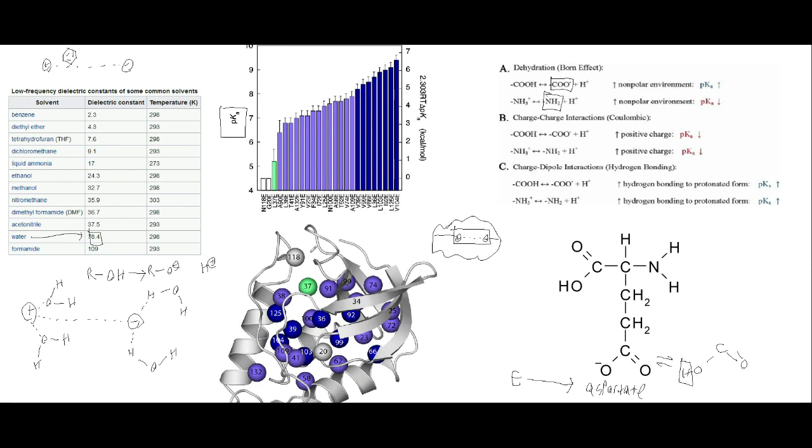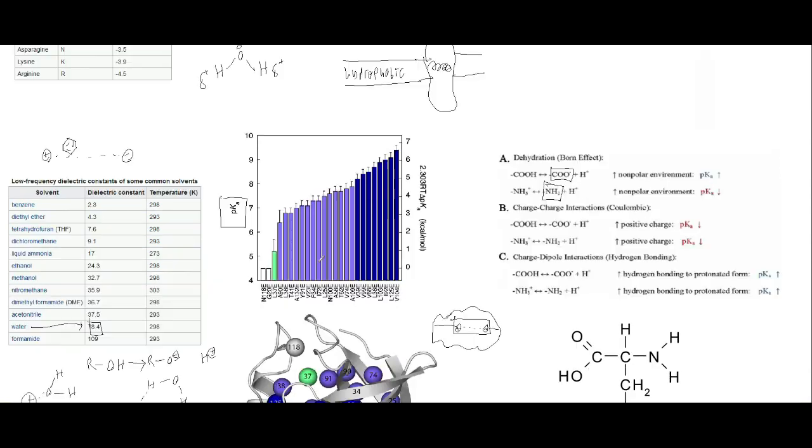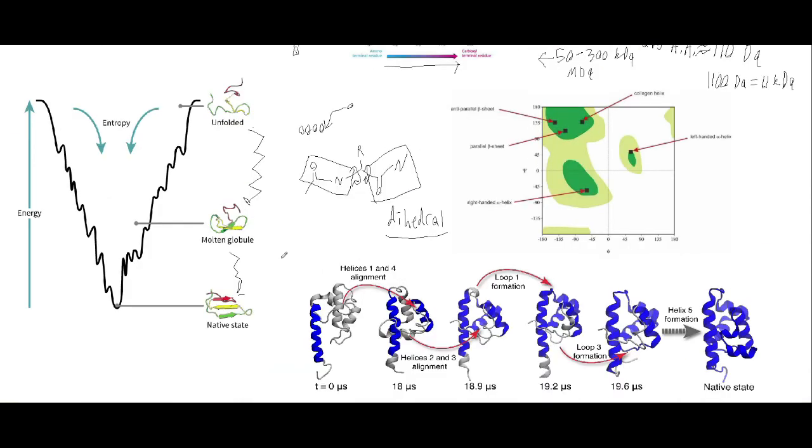Which, just to sort of tell us what we're trying to do here, let's look back. We're looking at the protein folding and how, even though this is a lower entropy state, we can actually get to this lower entropy state.